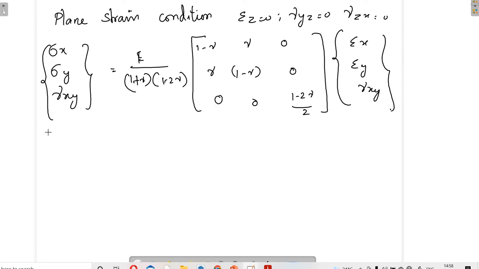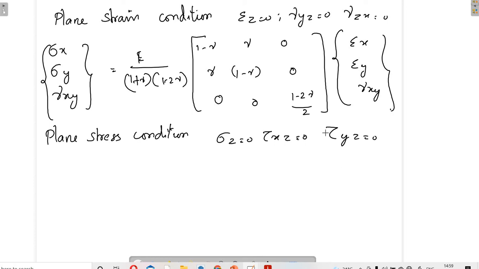Similarly for the plane stress condition, a very small derivation is there. Sigma z is 0, tau xz is 0 and tau yz is 0. So these are the conditions.